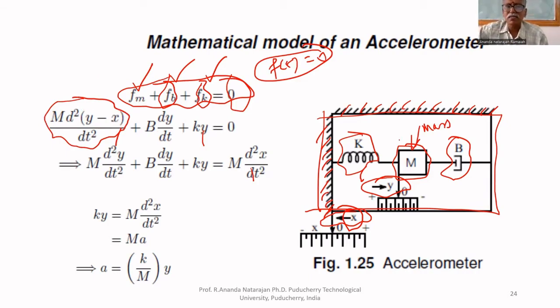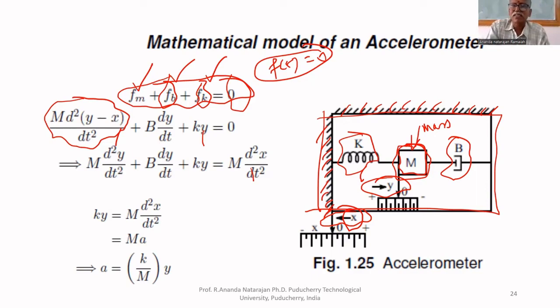What is the displacement of this mass M? It is loosely fitted. If you travel in a bus and the bus starts, when you are standing, not sitting, which side do you move? You move in the opposite direction. If the bus is moving to the left, you will move to the right.